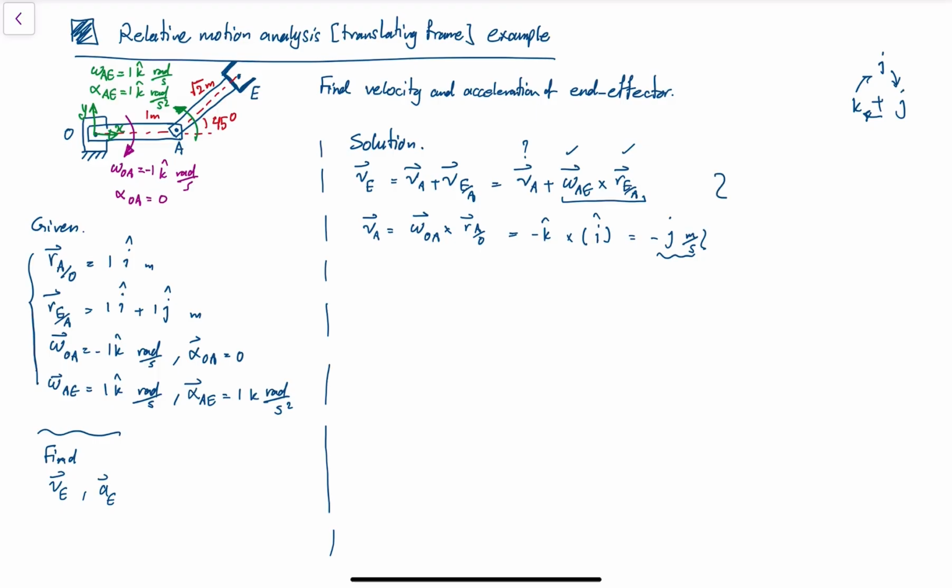And I substitute this here. I have V of E equals minus J plus now omega AE, which is K cross R of E relative to A, that is I plus J.